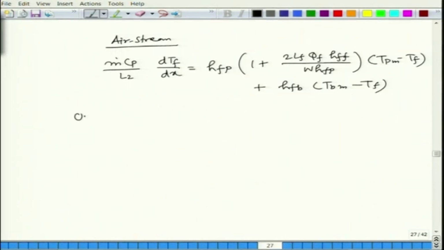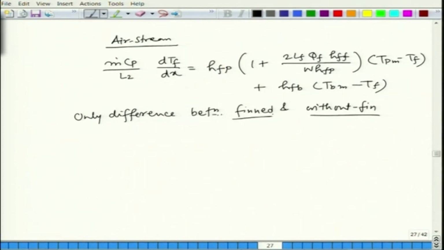So, just note that the only difference between these two geometries, finned and without fin, is this thing: HFP is now modified to this term.